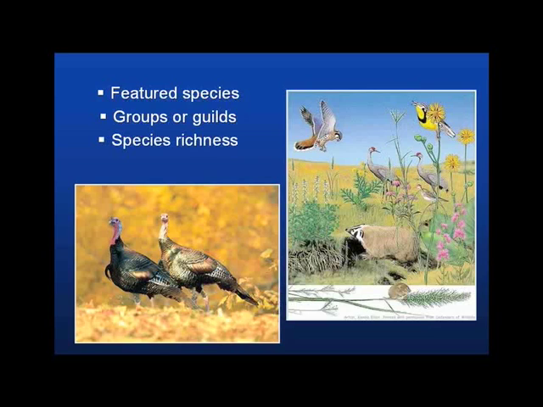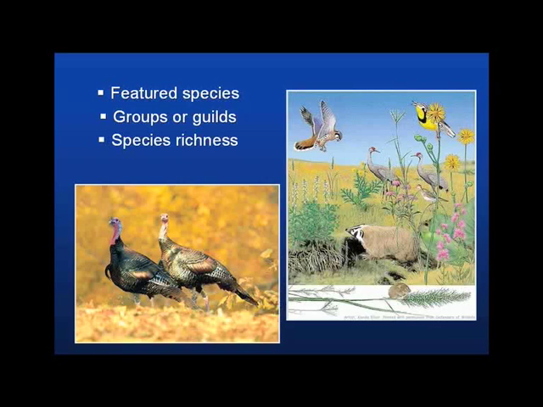They're interested in either turkeys, white-tailed deer, a very specific species, and that's what their efforts, time, and money are towards. Other people will be interested in groups or guilds of species. So we have landowners who are interested in restoring grasslands and are interested in grassland species, grassland birds, grassland mammals, and so on.